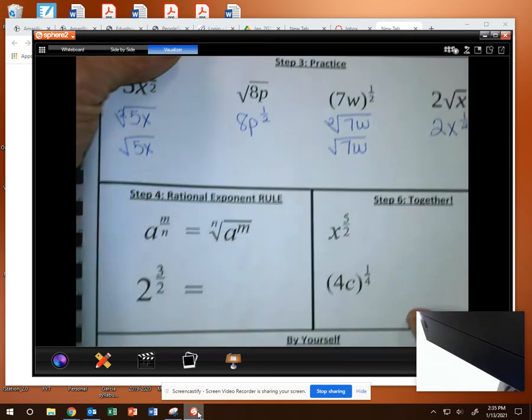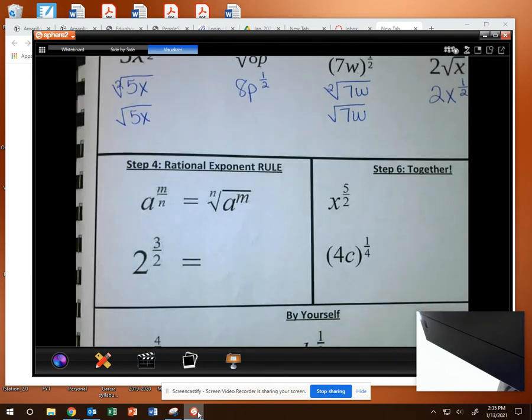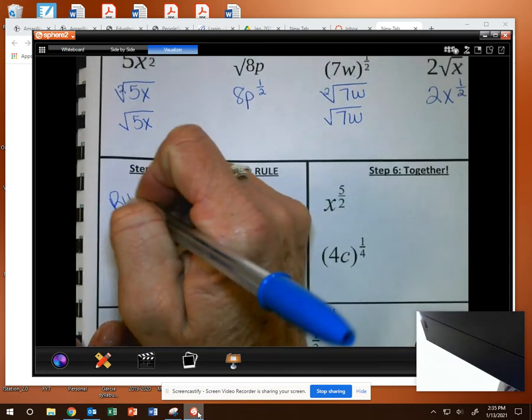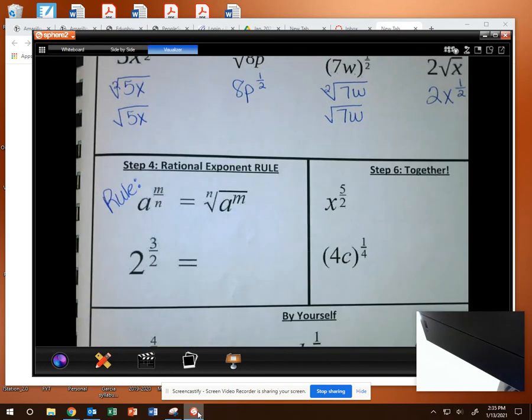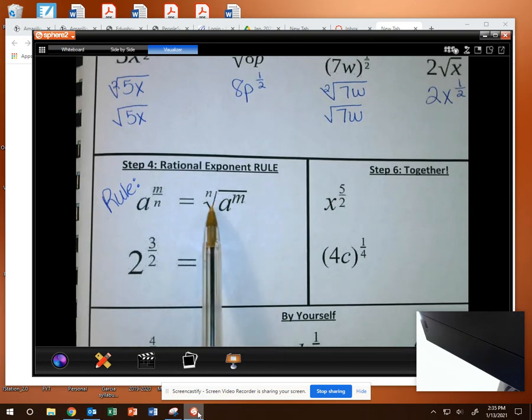Let's look at this one. The rule says a to the m divided by n power equals the nth root of a to the m power. Okay?